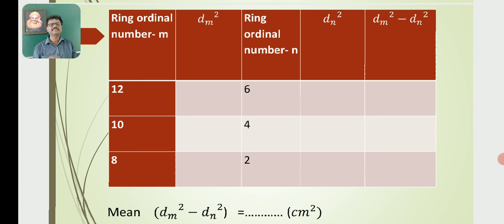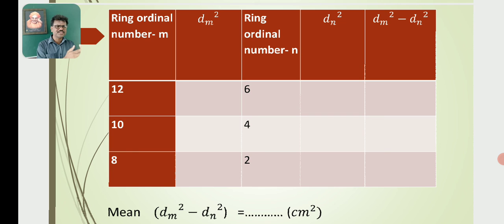Then similarly for ring ordinal number n, the 6th ring, 4th ring and 2nd ring, you can take the corresponding dn square. Then you can take the difference of dm square and dn square. That means the difference between the 6th and the 12th ring, the 4th and the 10th rings, and the 2nd and the 8th rings.